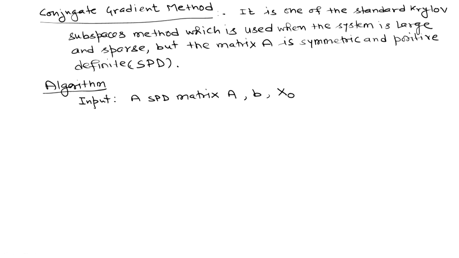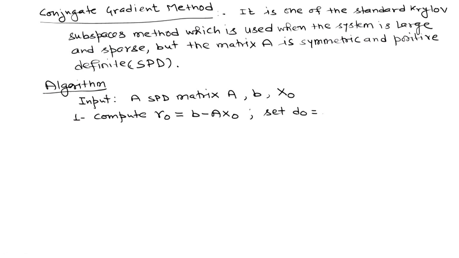So, we need some initial solution. In first step, compute r 0, which is b minus A x 0, the same as in case of steepest descent. After computing this, set the search direction in the initial iteration as d 0 equals r 0, which is again similar to steepest descent.